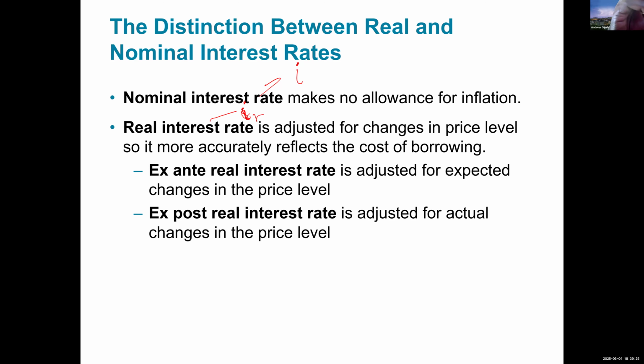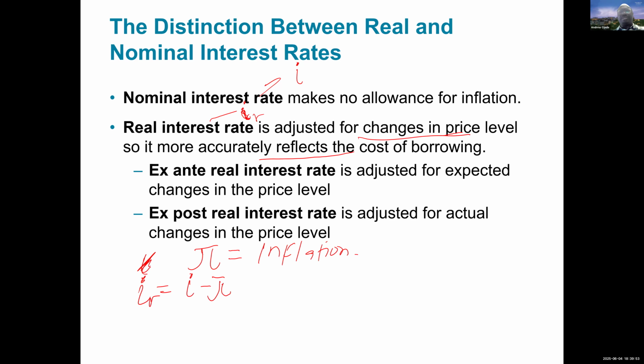So real interest rate, there's a relation. In this class, pi is going to be our notation for inflation. We saw that in chapter 19. So the real interest rate, i^r, equals the nominal interest rate minus inflation, because the real interest rate adjusts for changes in the price level.